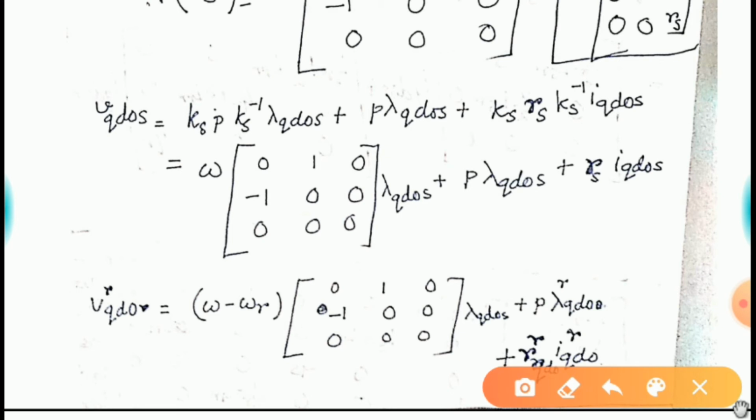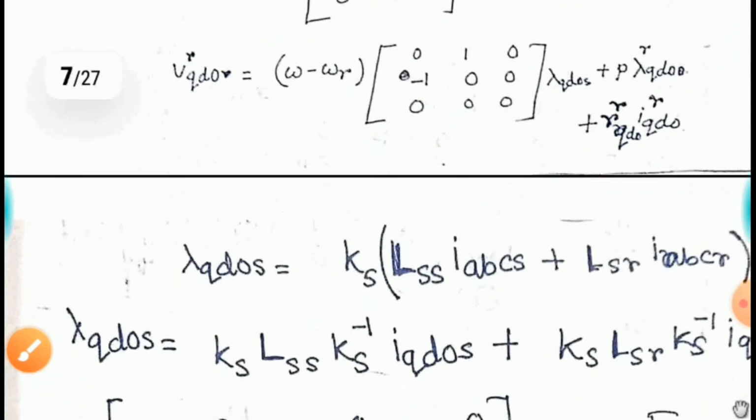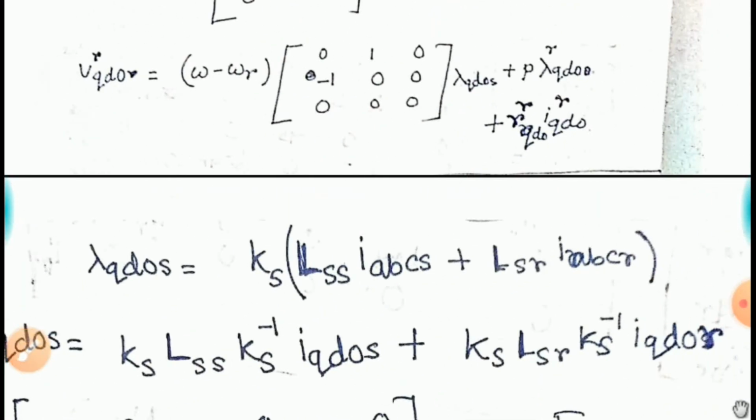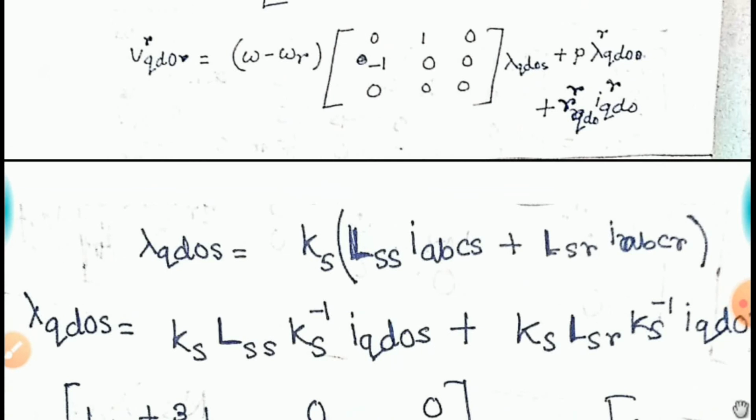When you consider that, your QD0 frame is fixed, that is why you are getting this. And if you attach that QD0 frame with your rotor, then you will have an expression like this. Anyway, I will come to this later, right?